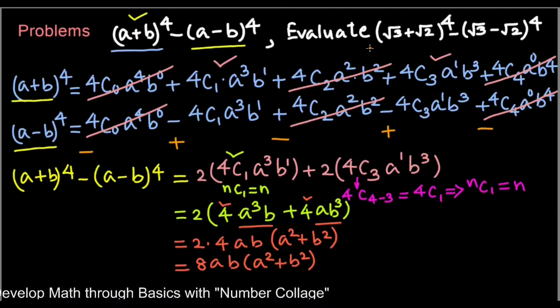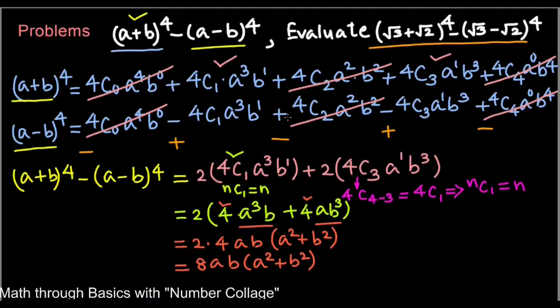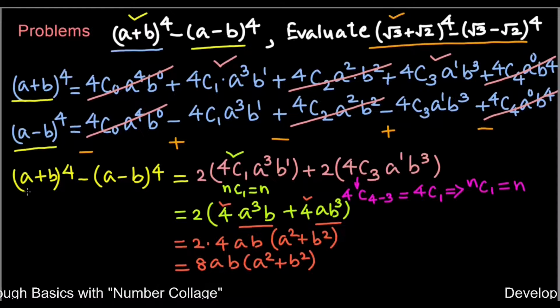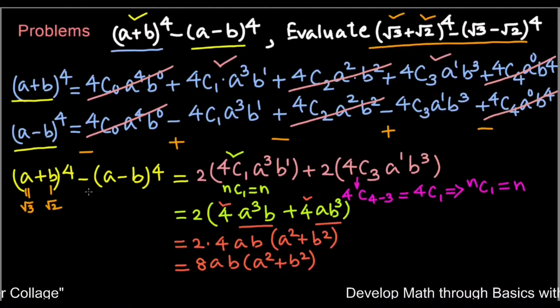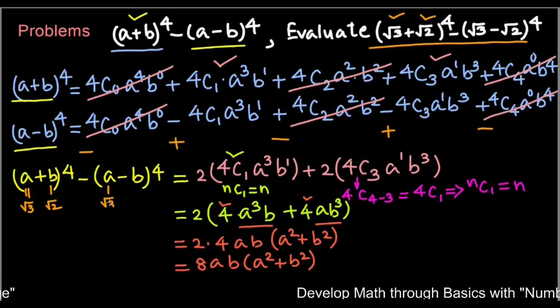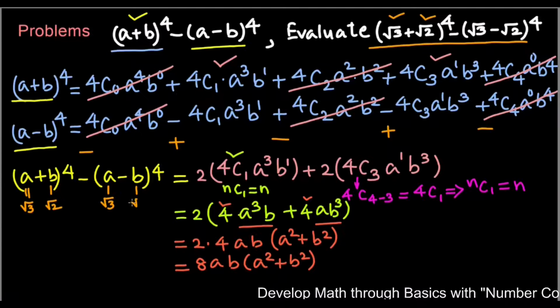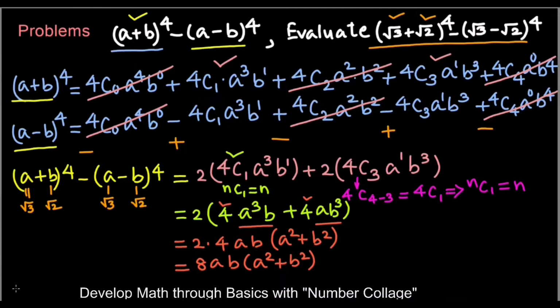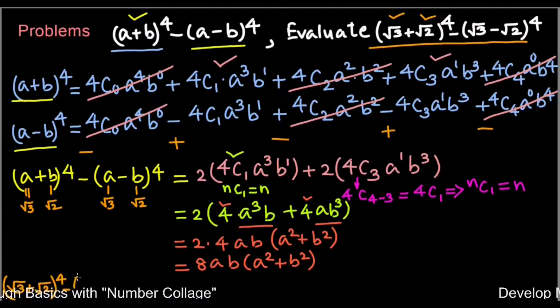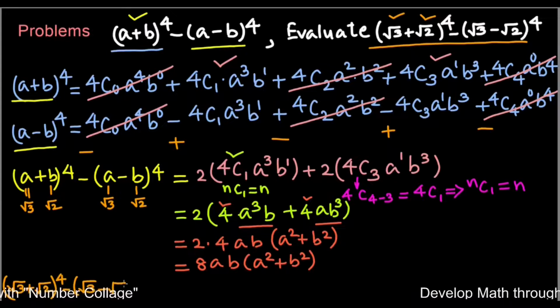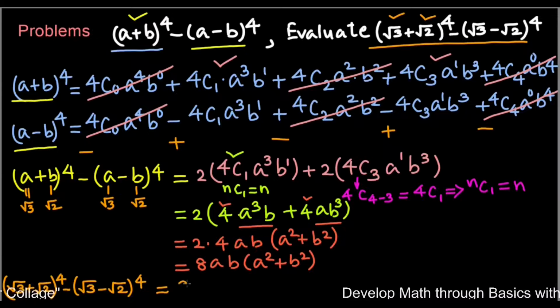Now we have to evaluate this. So what we do, we put root 3 in place of a, root 2 in place of b. Therefore, (√3 + √2)^4 − (√3 − √2)^4 will be 8 times.